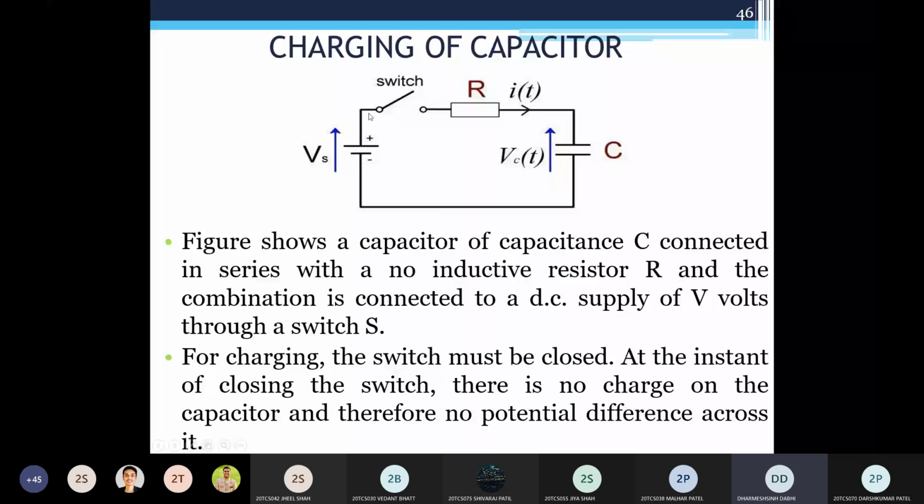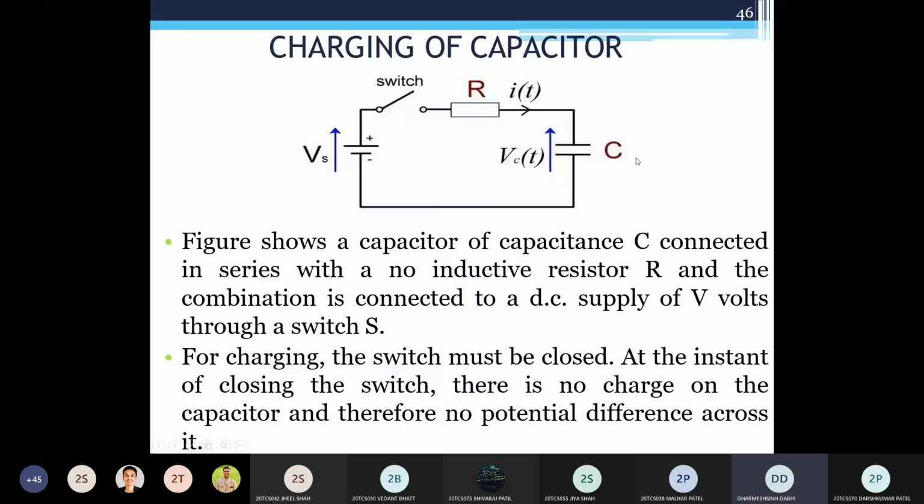At the instant of closing this switch, what will happen? Your current will start flowing. But initially there is no charge on the plates of the capacitor. Clear? It means your capacitor is initially discharged. Once you close this switch, current starts flowing from this supply to this resistance and capacitor, and the capacitor starts charging. Initially there is no charge across the capacitor, which means there is no voltage across the capacitor.